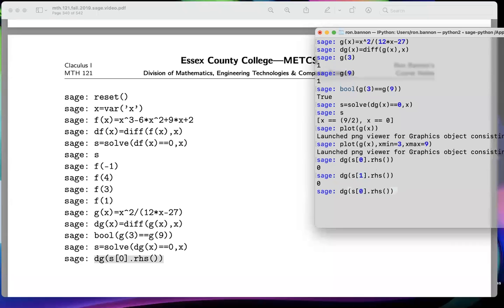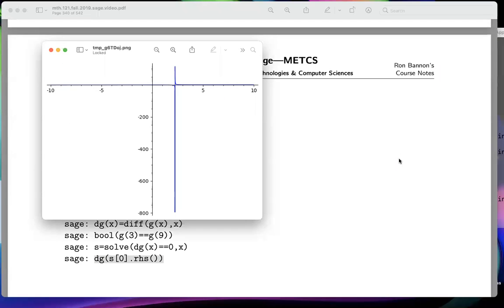I'm going to go back over my code and plot from minus 10 to 10. Again, you need to start playing with software. All right, that's a bad picture. What happened? I went from minus 10 to 10, but I'm noticing the Y scale is outrageously large.